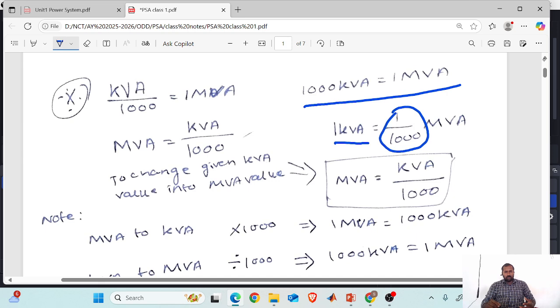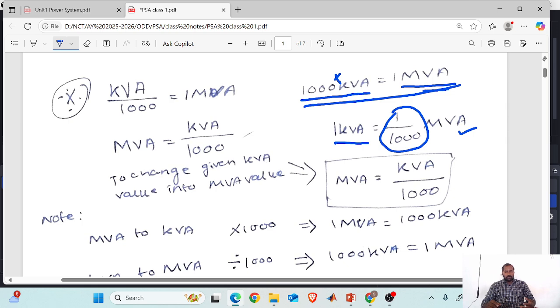If I have the value in MVA and want to convert that into kVA, I have to multiply by 1000.